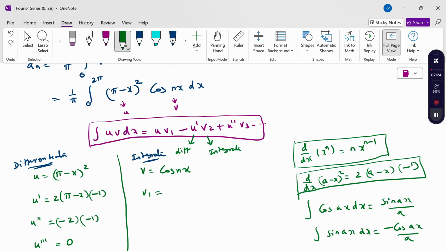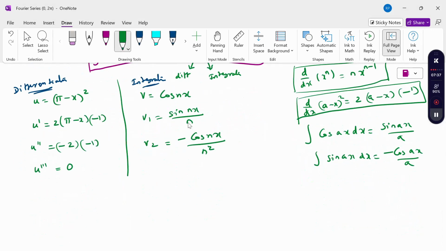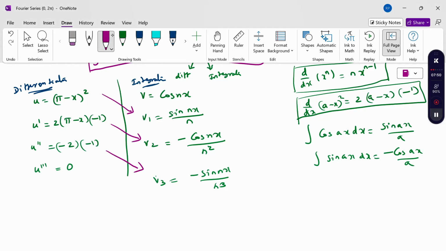For here, integration of cos nx is sin nx by n, then v2 is minus cos nx by n, already one n is there, so n square, and then v3 is minus sin nx by n cube. So now the formula is nothing but u v1, u dash v2, u double dash v3 and so on. So u triple dash is 0, so just stop up to this form.